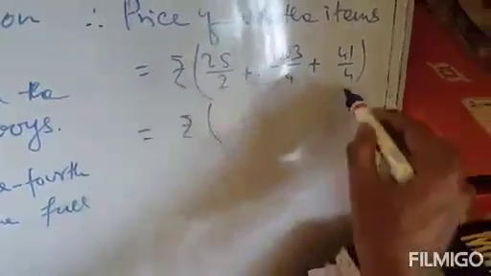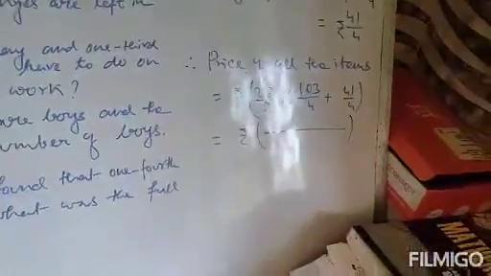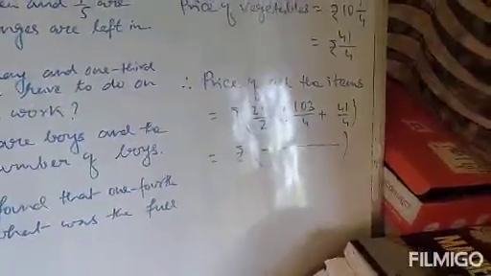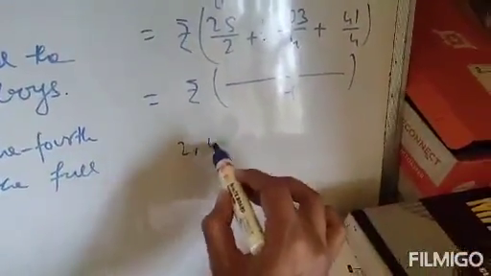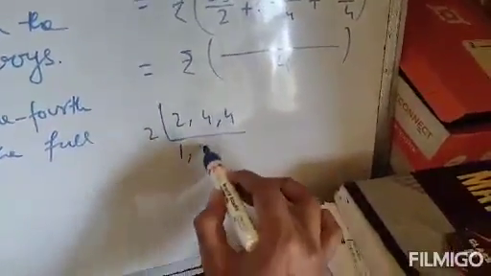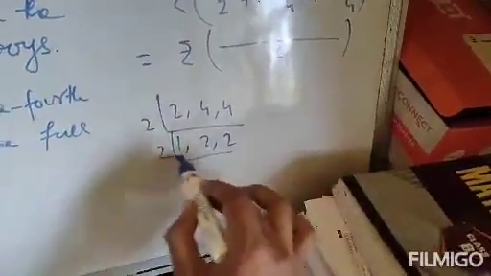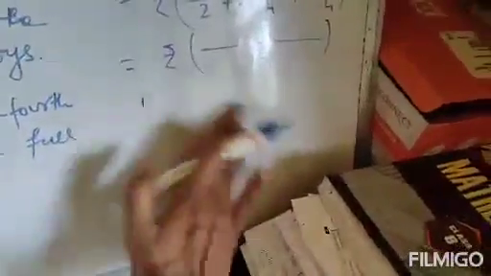So find the LCM of 2, 4 and 4. If you find the LCM of 2, 4 and 4, you will see that the LCM is 4. Just do this in your rough space. Clear? The LCM part. So the LCM is 4.